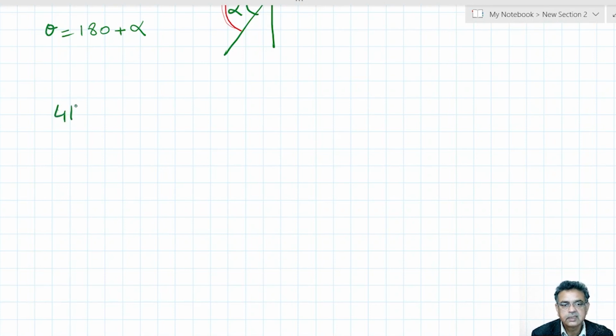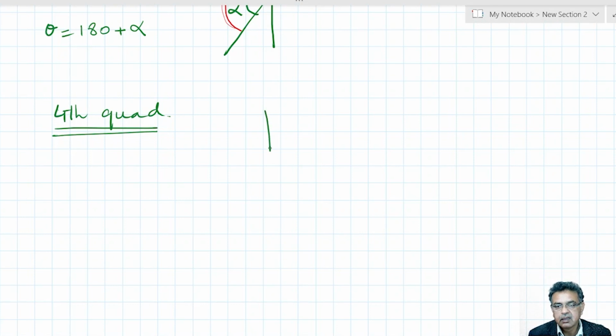Now the fourth quadrant. If a line is in the fourth quadrant, then what will be the relation between the positive angle and the reference angle?